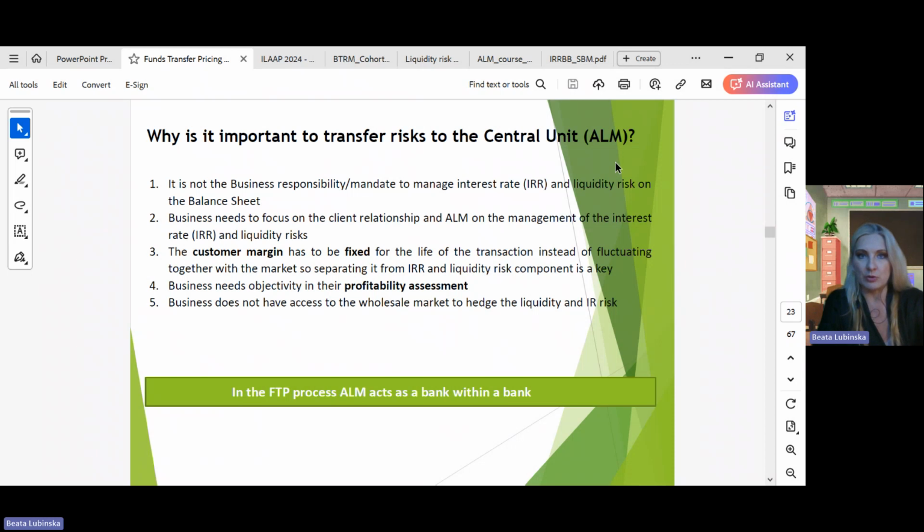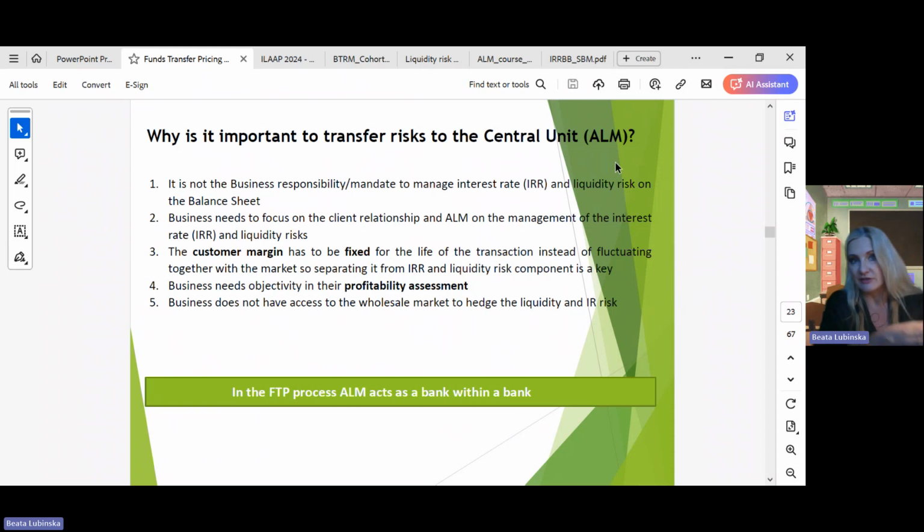So first point, why is it important to transfer risk to the central unit? Because it is not the business's responsibility or mandate to manage interest rate and liquidity risk on the balance sheet. They have different knowledge. Those people who are working in the business units don't need to know how to hedge the exposure, because their mandate is to work with the customer and to make sure we have a growing relationship and the product is of good quality.